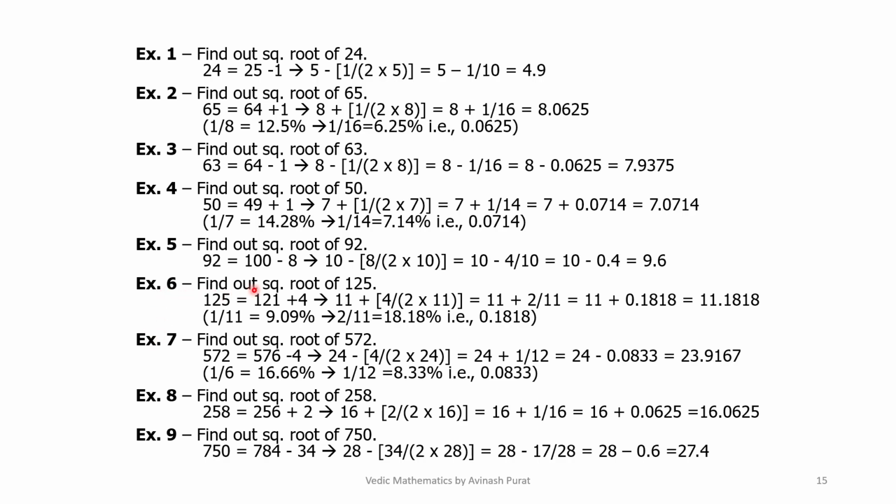Sixth example, find out square root of 125. 125 is 11 square 121 plus 4. So that gives you 11 plus 4 divided by 2 into 11. That is equal to 11 plus 2 by 11.